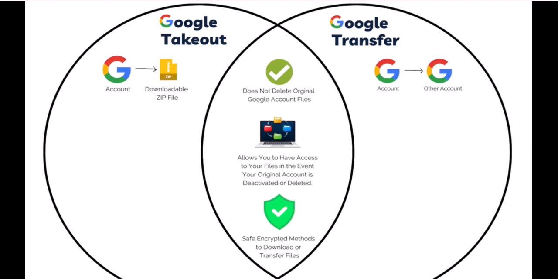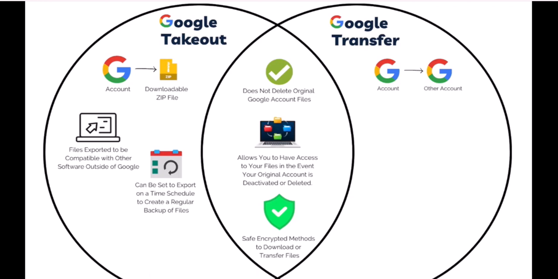So with Google Takeout, these files are exported to be compatible with other software outside of Google. So when you download your Google Docs, it downloads them as a Word document. And also with Google Takeout, you can set it to export on a time schedule.